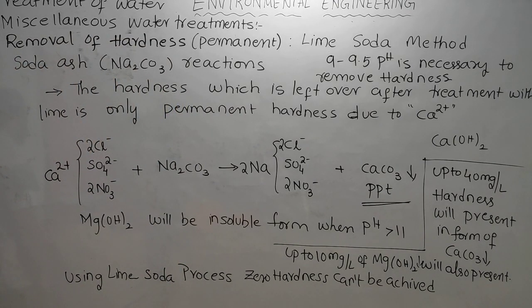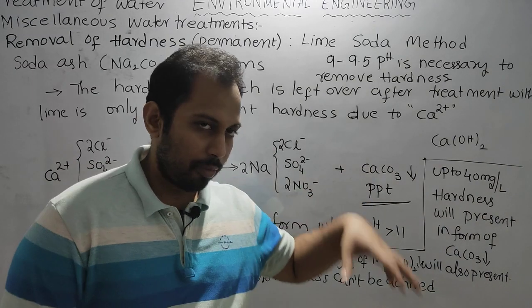Now here, after this lime soda process, heavy sludge will form. Lot of sludge will form. See, if you look everywhere, CaCO3 is the precipitate.